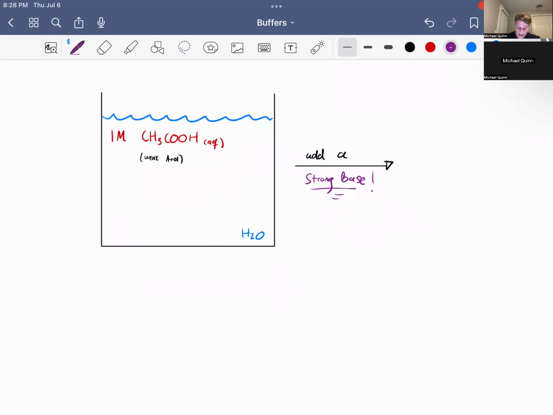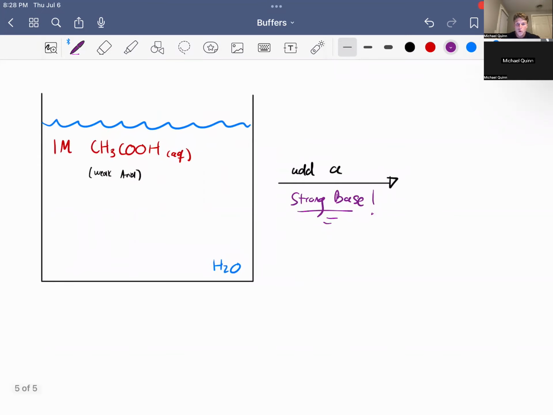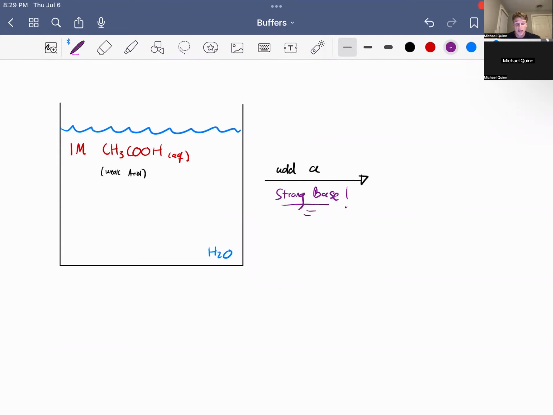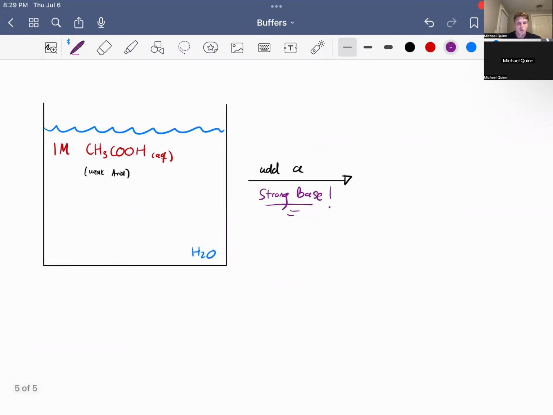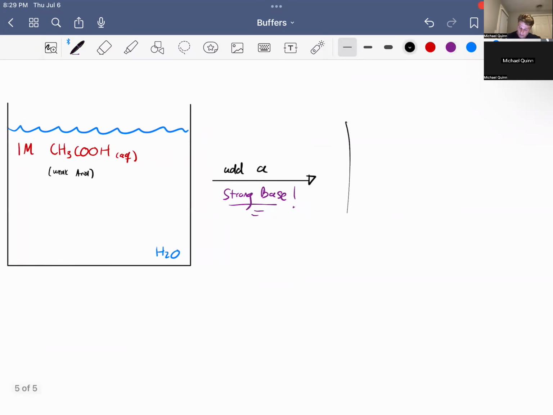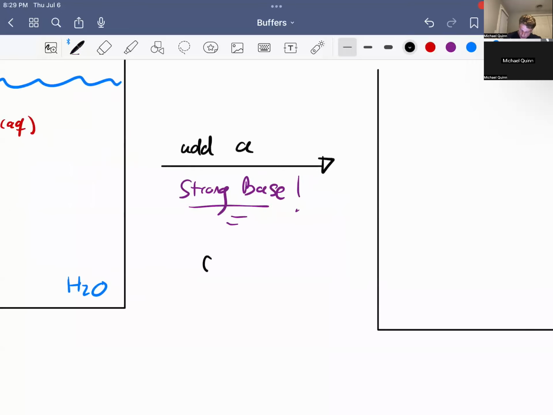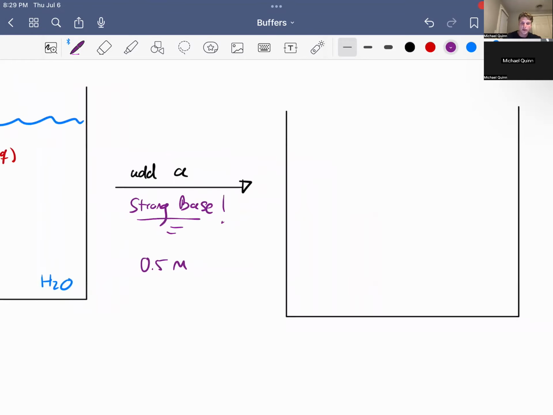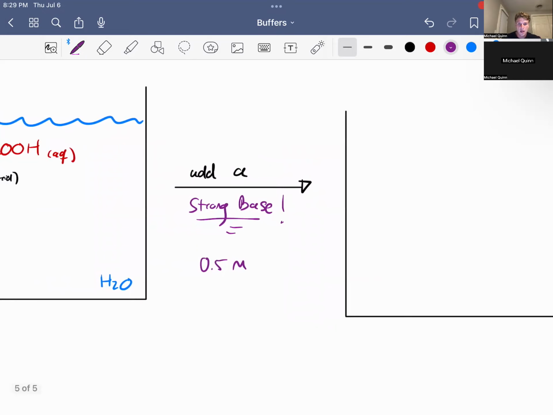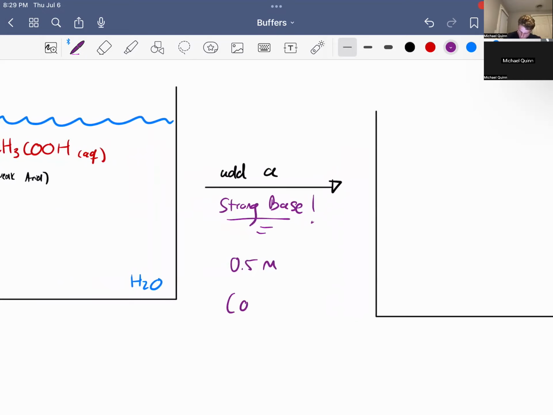So if we add a strong base, we can then remove the hydrogen from CH3COOH, and we can make some conjugate base to give ourselves a chance, I should say, to create a buffer. So let's say we add 0.5 molar of a strong base. Now, the most common strong base you will see in a titration is OH minus, which is hydroxide.